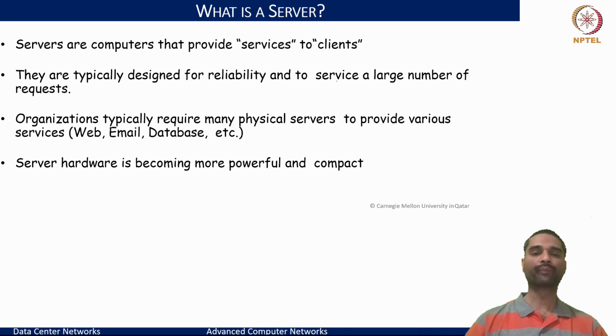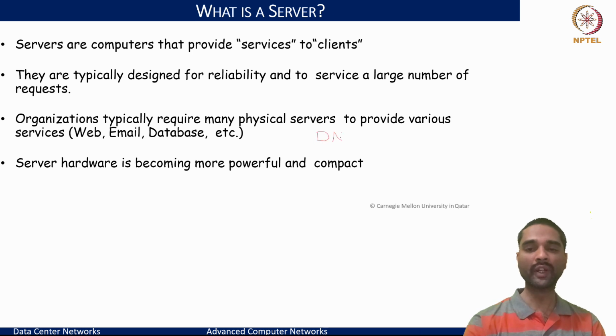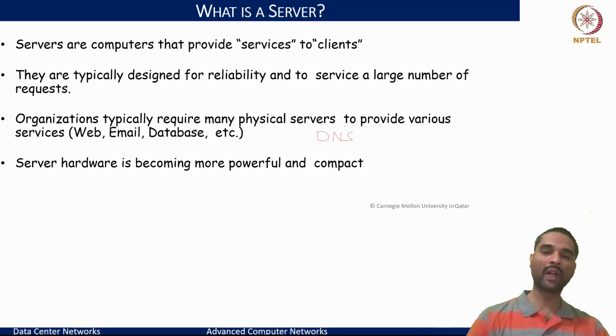and are able to run continuously. In any organization, if we think of all the servers, we would see the web servers, the email servers, database servers. And if we think of the internet, the most crucial is the DNS servers, without which the address translation and mapping of which IP to connect to wouldn't happen. So all of these are the kinds of typical services that are going to be run as servers.